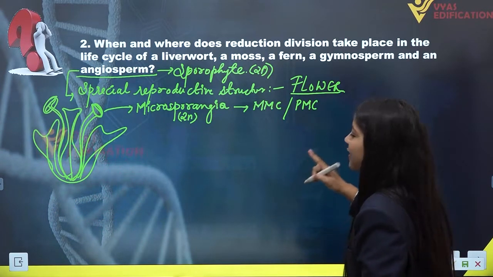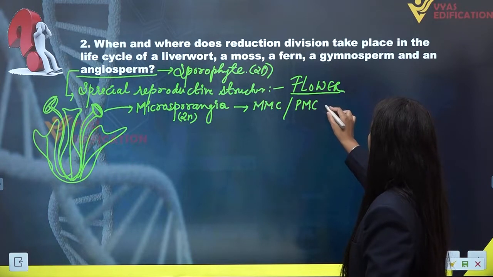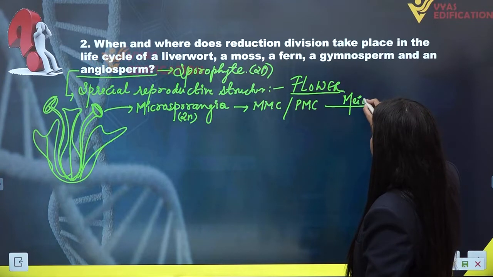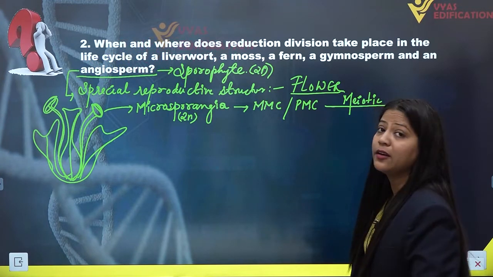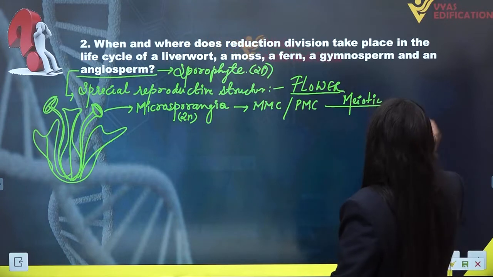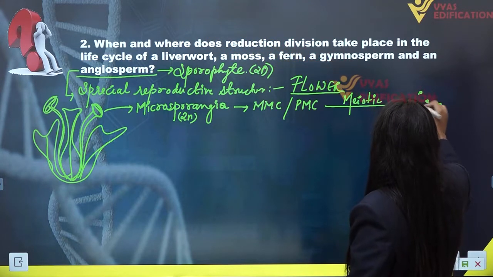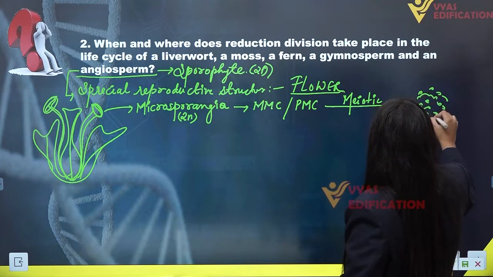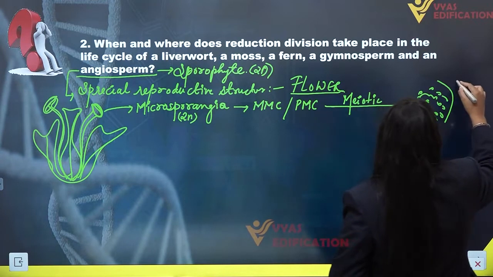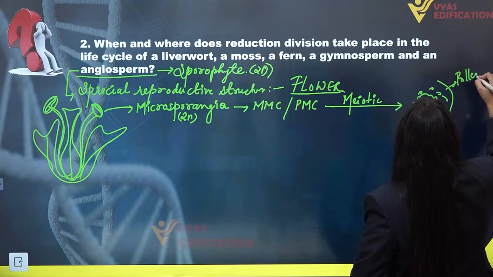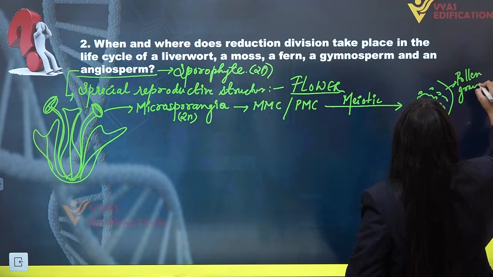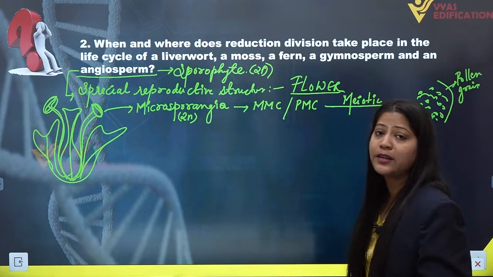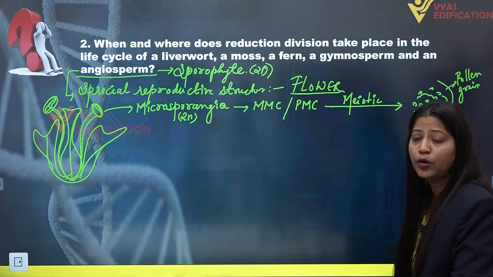These microspore mother cells or PMC will undergo meiotic division here, that means reductional division, and they are forming spores which are going to develop into pollen grain. These pollen grains in case of angiosperms are male gametophytes.